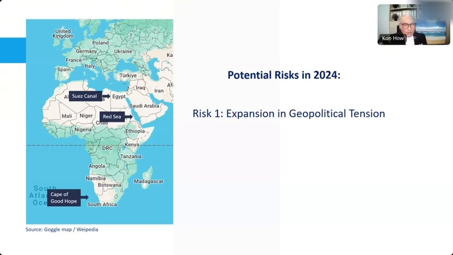Now let's look at what happened in the recent months. Since about December last year, we have this Red Sea crisis. I think you know what's happening here is that the Houthis harass the vessels.